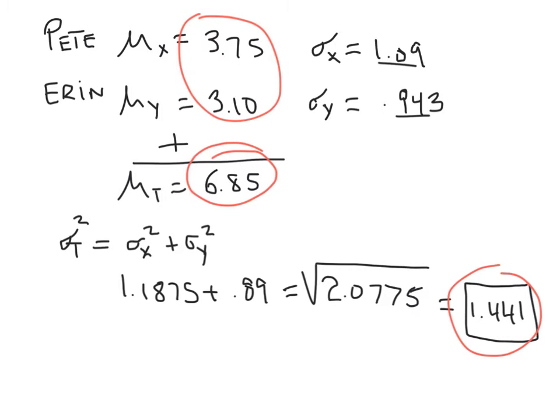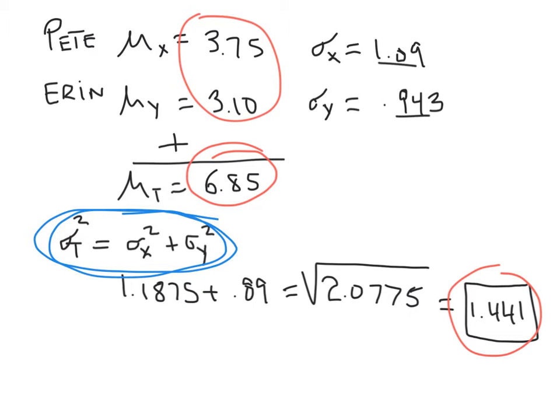You can go from 2 to 6 seats in Pete's Jeep and from 2 to 5 seats in Erin's Jeep, and that range doesn't change. So we're not going to just subtract these two and get a really small standard deviation. We still need to add these together, even if we want to find the difference.